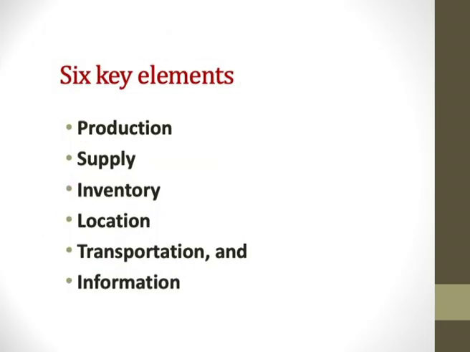Six key elements of supply chain management are production, supply, inventory, location, transportation, and information. Production implies the first step in supply chain management is to understand what the customers demand. This will give an insight to the firm about what products to produce.